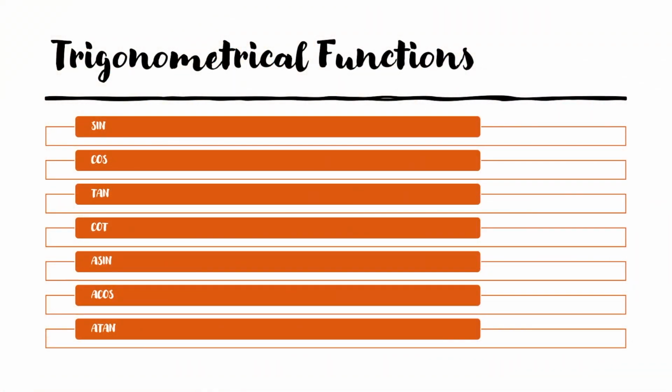Let's move on to our next number function, that is the trigonometrical functions. Well, we have sine, cosine, tangent, cotangent, and so on, all the trigonometrical functions which we studied in our high school. Let's see how we can create calculated fields for these trigonometrical functions in Tableau.